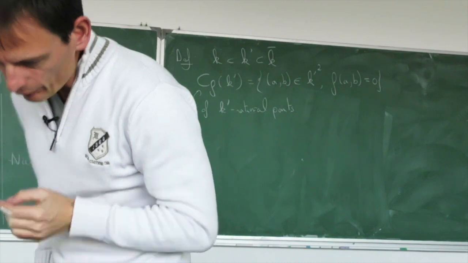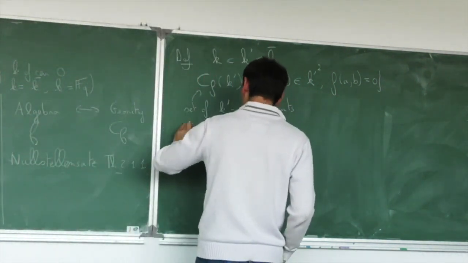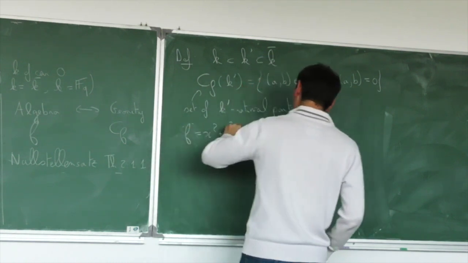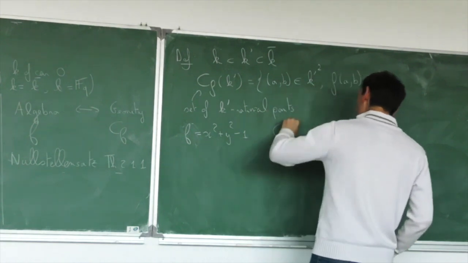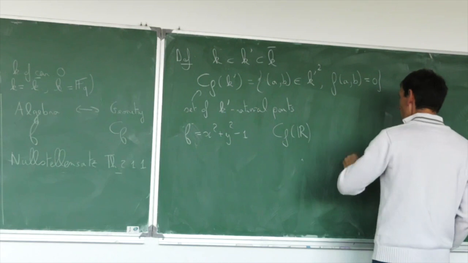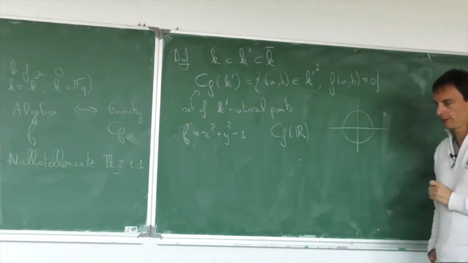And so, for instance, now I can draw it. If I take my example with f = x squared plus y squared minus 1, then what is C_f over R? Well, it's exactly the unit circle. Okay?